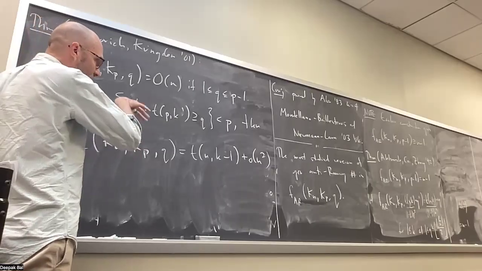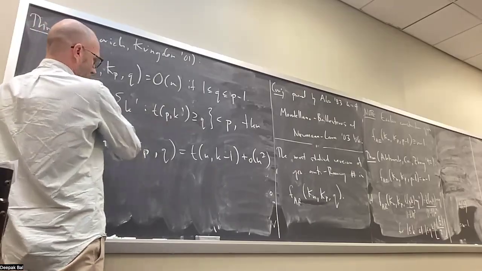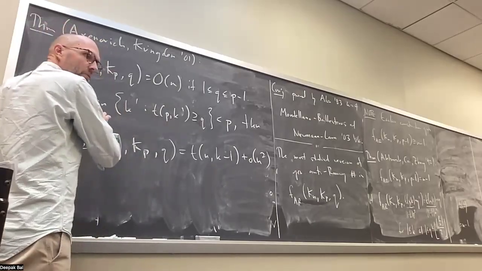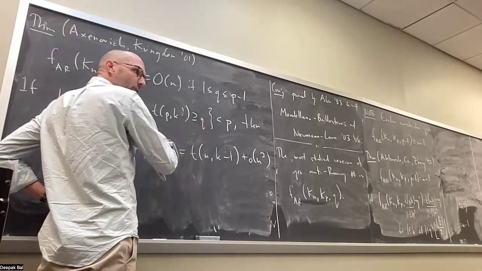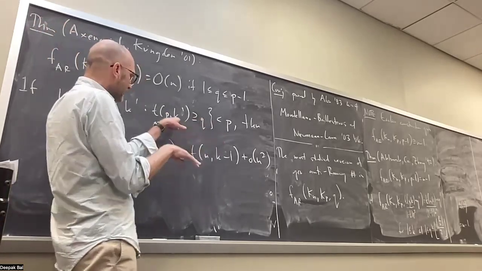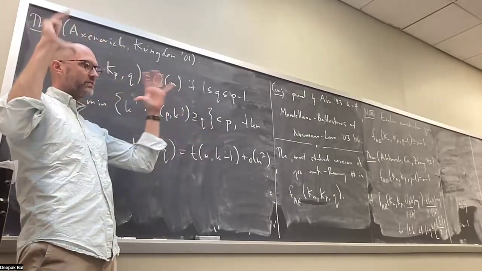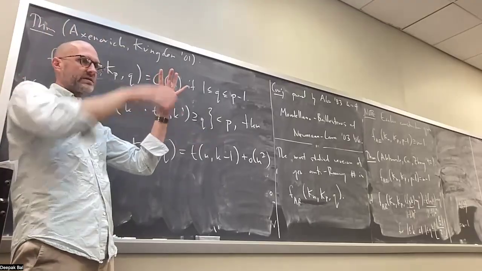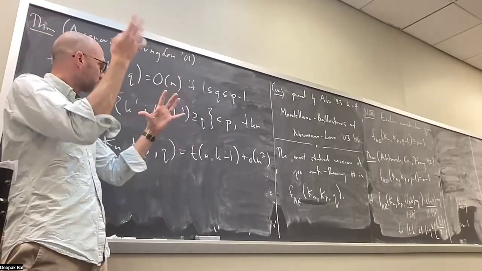So let's just think about the transition. k is a minimum, right? And q is the fixed number of colors you want to have show up, right? And so as k is increasing, what are you doing? You're taking a Turán graph on p vertices and you're splitting it into more and more parts. And as you split into more and more parts, the number of edges is going up, right?